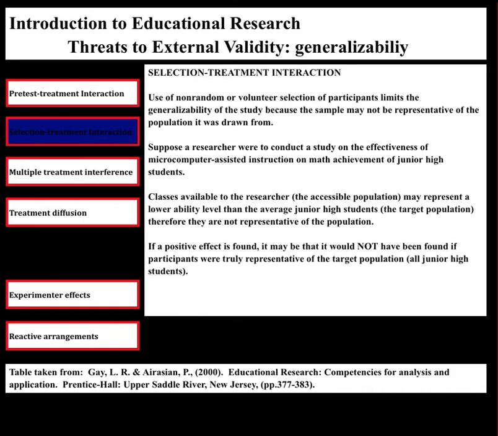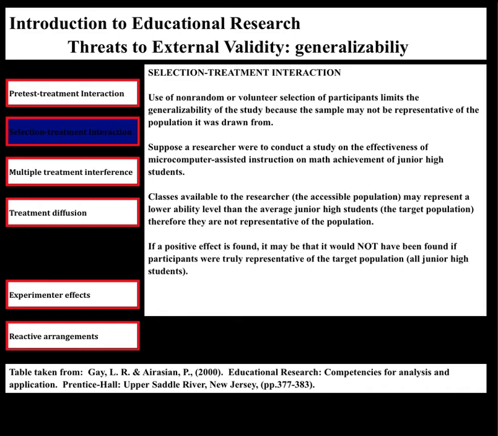Now, the classes available to the researcher, the accessible populations, the researcher was forced to use classes. So entire classes may represent lower ability level than average junior high school students. And therefore, it's not representative. So this study wouldn't work.